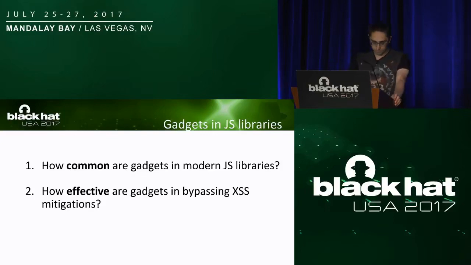And second of all, given that we find a couple of gadgets, or lots of them, how effective are they in actually bypassing the XSS mitigations? Because that differs for every class of mitigation. So we started from those two questions, and first we started looking at JavaScript libraries and looking for gadgets in this code base.